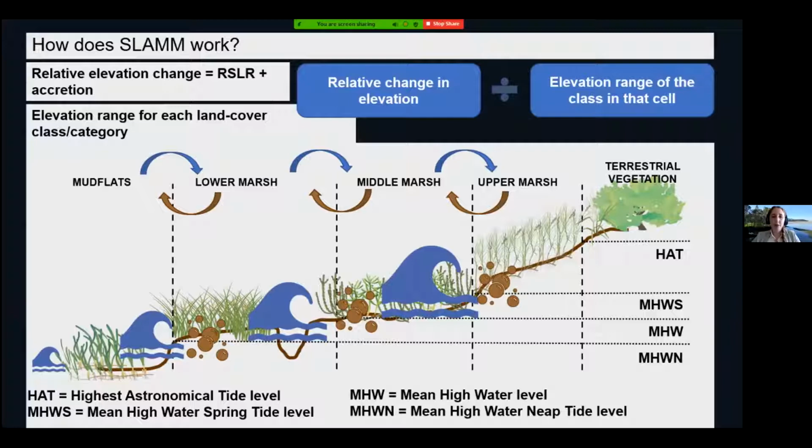So if there is surface elevation gain, which we're measuring at the RSET, then this should feed back into the model and show that if the gain is sufficient or high enough, then the habitat will not convert. But if there is a loss in surface elevation at the marsh, then it will convert to a habitat that is lower down on the tidal frame, and it can eventually convert to mud flats or open water. So that's SLAM in a nutshell.